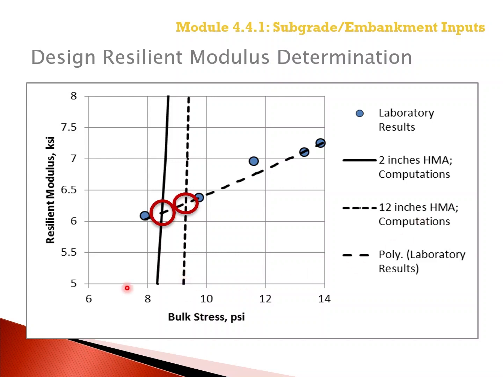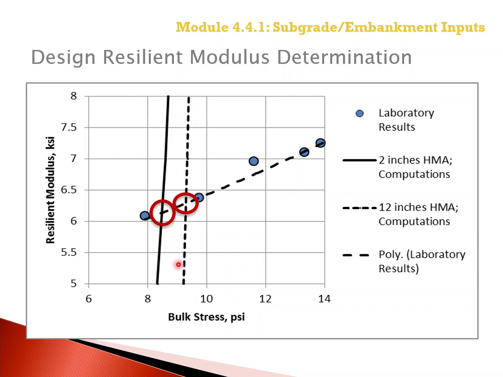And these different resilient modulus values in the elastic layer program are used to calculate then the total stress state. In other words, the total bulk stress from the imposed wheel load combined or superimposed with the at-rest stress state condition.